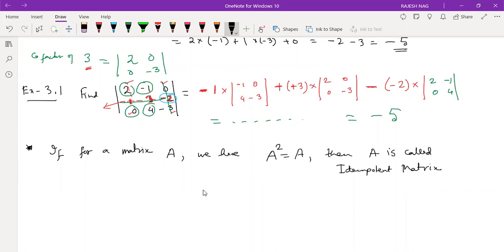If after matrix multiplication of A into A, the same matrix 2 times, we get A into A is equal to A.